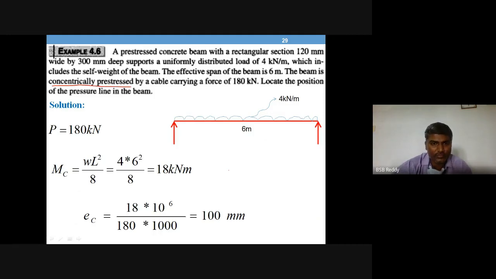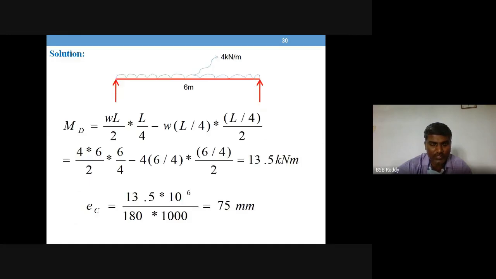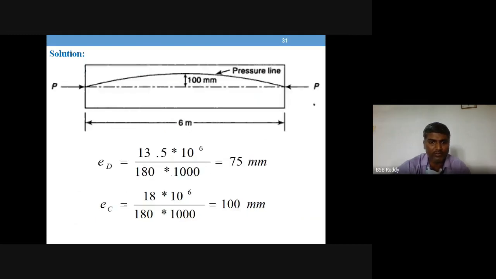So that is done by just finding the bending moment and taking a ratio of M by P, which has given you the cable profile.